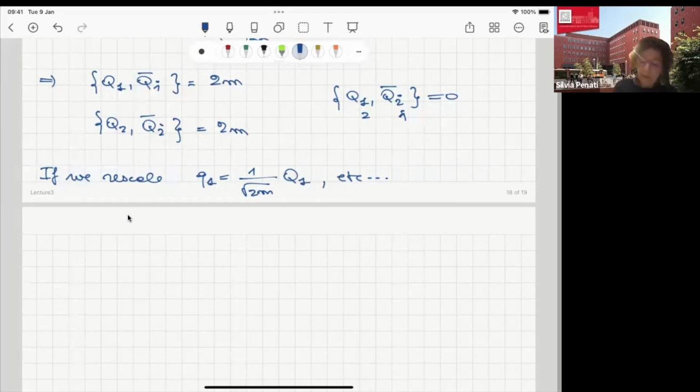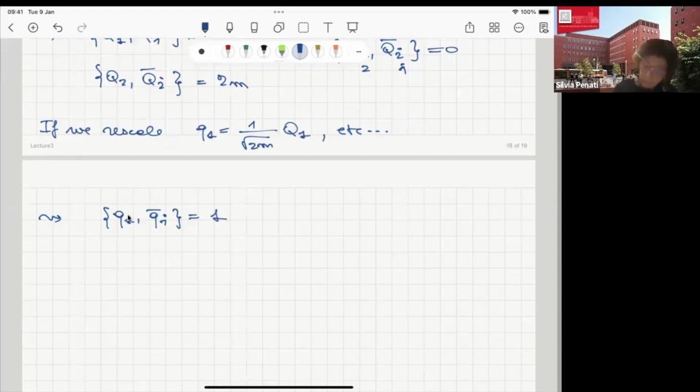In terms of these rescaled generators, we have q1, q bar 1 dot equal to 1, and q2, q bar 2 dot equal to 1.